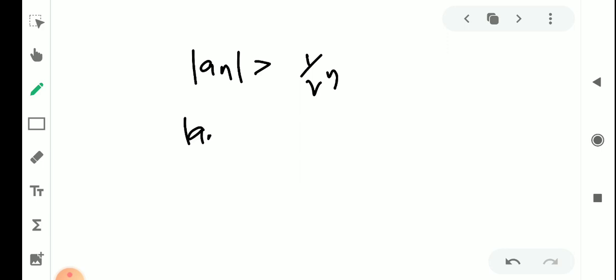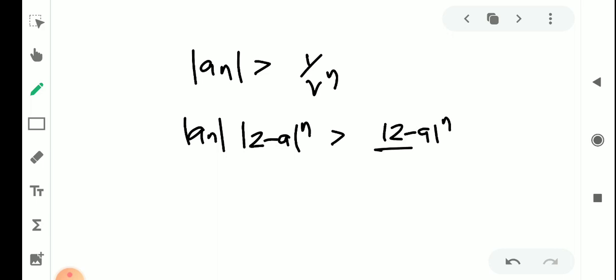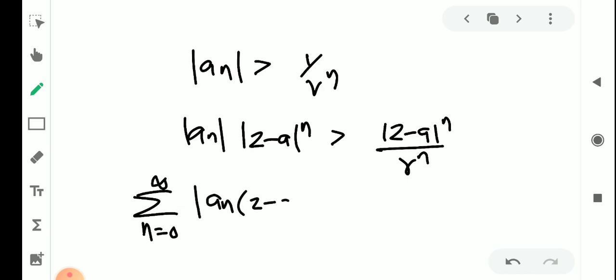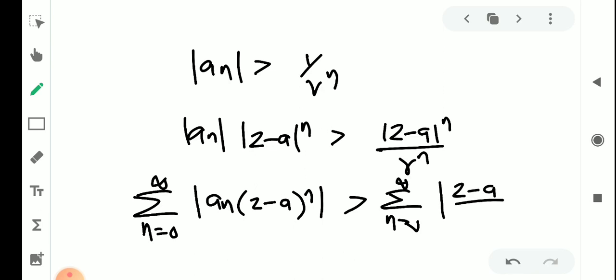Then we multiply both sides by mod z minus a all raised to n, divided by r raised to n. Then substitute sigma: sigma n equal to 0 to infinity modulus of a n into (z minus a) all raised to n is greater than sigma n equal to 0 to infinity modulus of (z minus a) by r all raised to n.